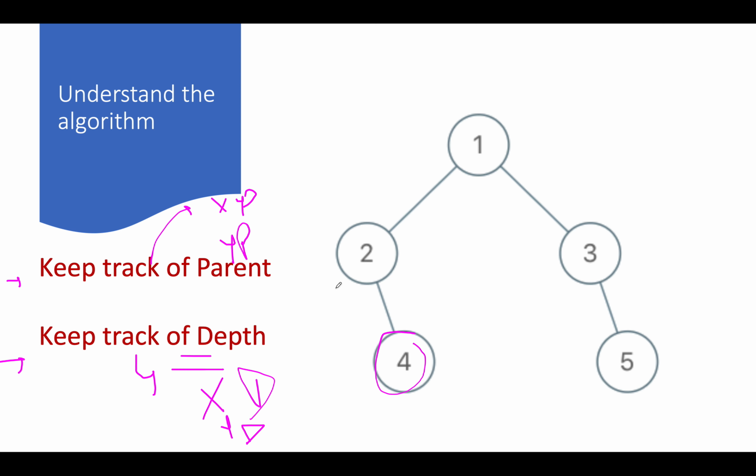What parameters should be part of the DFS function? The first one is the current depth that we have reached so far. The other is the parent of every node. Apart from these two, we need to keep track of whether the current node is equal to x or equal to y.